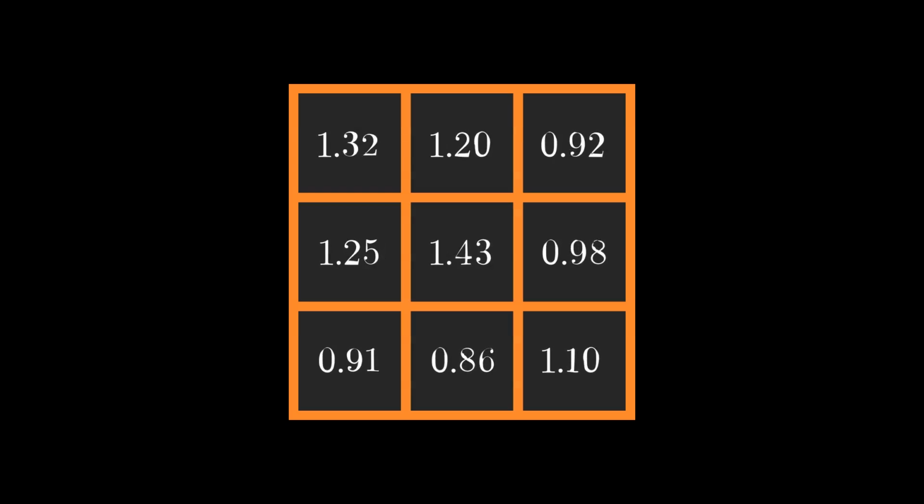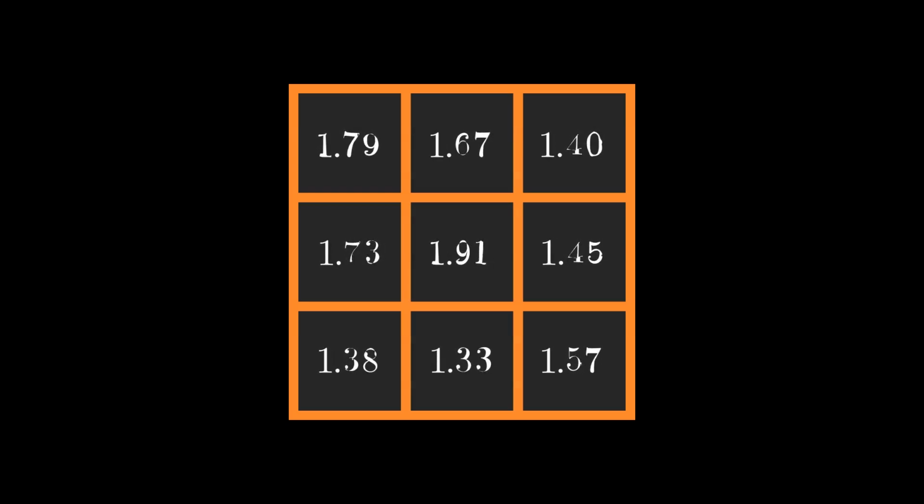But how are filters learned? The filter values, or weights, start as random values. They need to be tuned so the autoencoder can compress the input and reconstruct it accurately. Updating weights is how the network learns which features, like edges or shapes, are worth capturing.